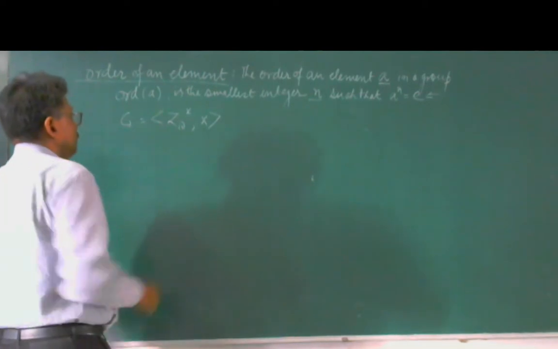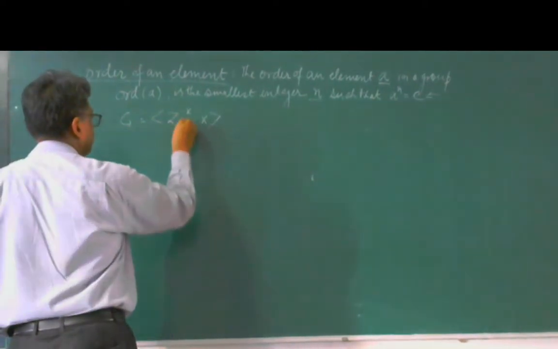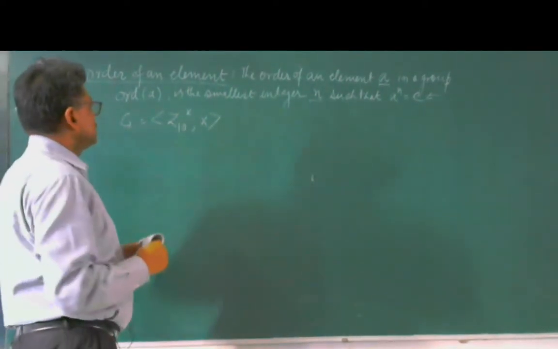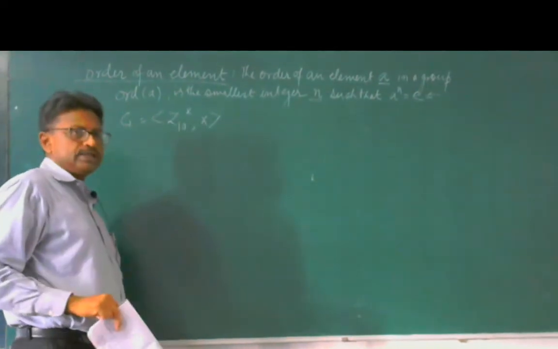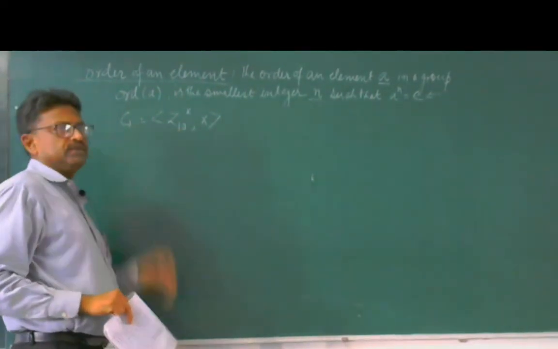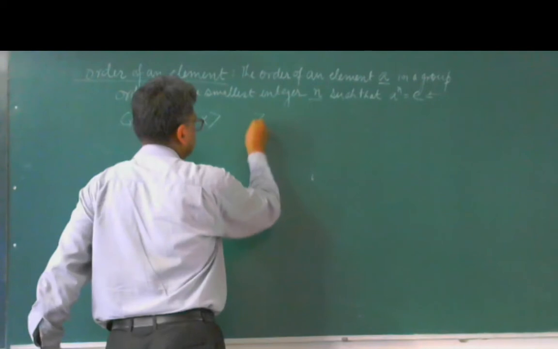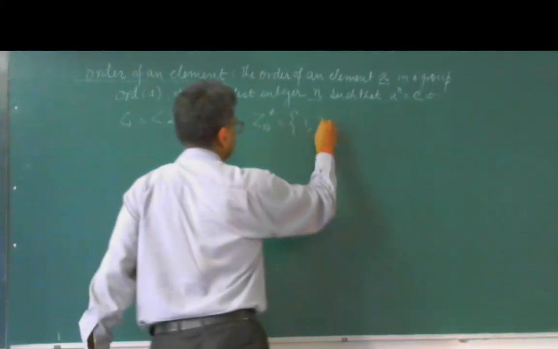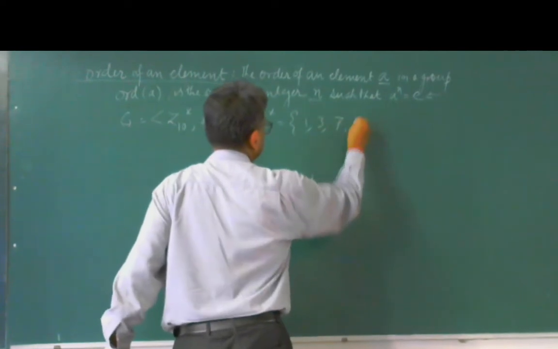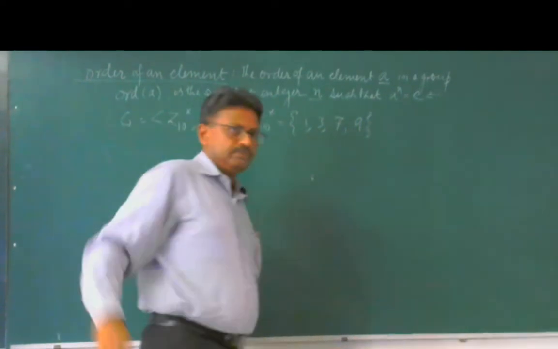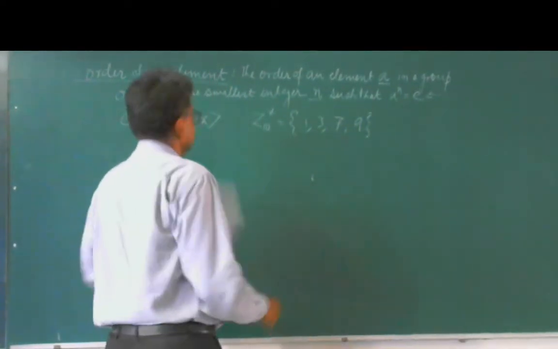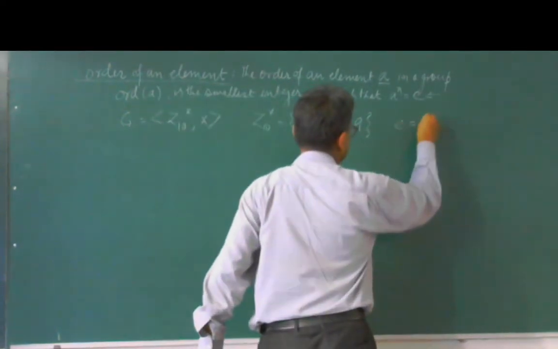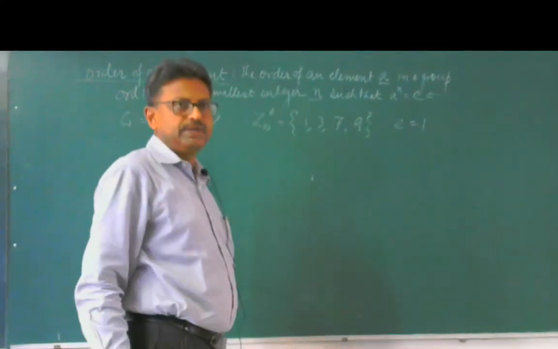We know what is Z10 star. Z10 star contains those elements which are co-prime with 10. So what Z10 star contains? 1, 3, 7, 9. Only 4 elements. And the operator is multiplicative, so the value of E, identity element, will be 1.